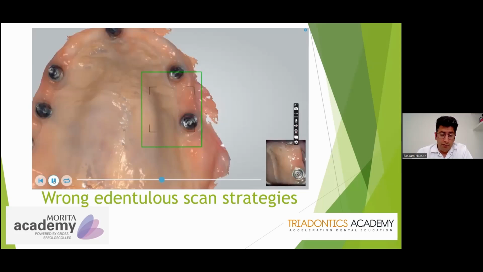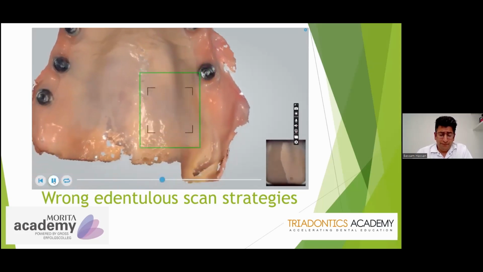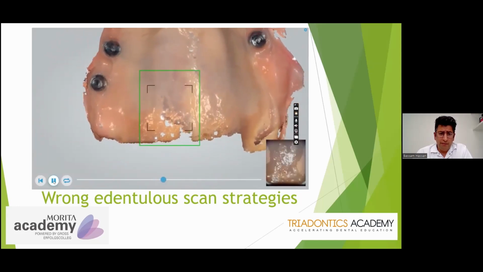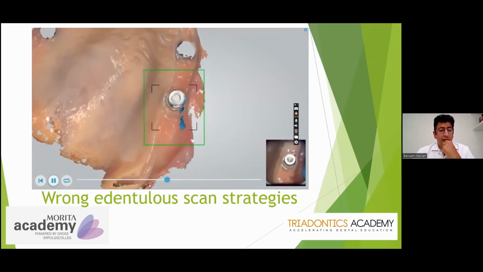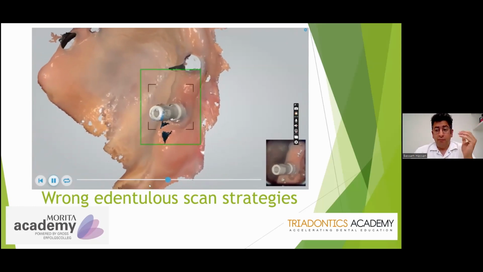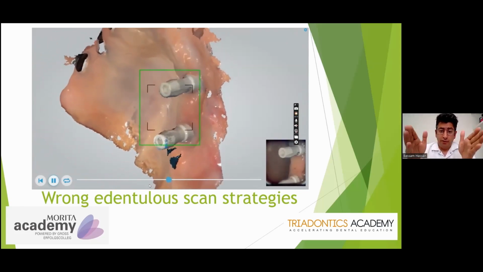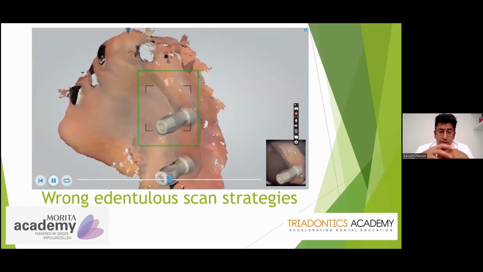You need to know what you're doing. There needs to be a good workflow, a good scan strategy, as we used to call it in the past. Because if you just go randomly from one place to the next, you will confuse the scanner. It doesn't matter if the scanner is intelligent. It's still a scanner with a limited field of view because it's an intraoral scanner, so it's a very small field of view.